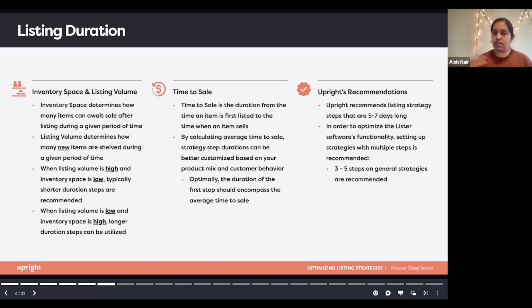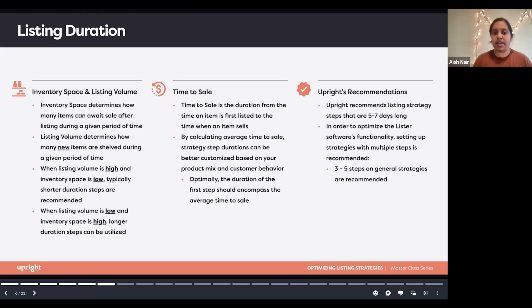Time to sale is the third piece involved in all of this. So if you have a really fast time to sale, so that's when you first list your item to the amount of time it takes for it to first sell. If that number is relatively low, and we typically look at averages and medians for this, then you can afford to have slightly longer duration listing strategies.